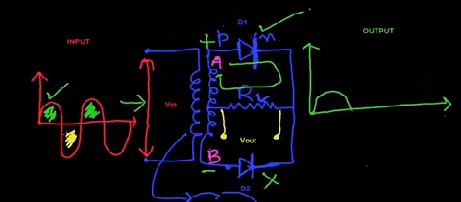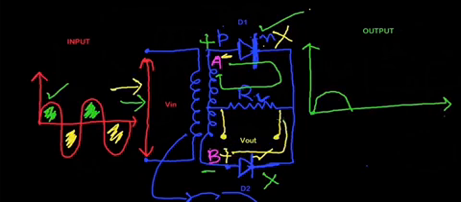This is your negative cycles, and when the negative cycle goes in, this will make your A terminal negative and your B terminal positive. In that case, this diode D1 will become reverse biased and your D2 will become forward biased, and the current will start to flow in this direction and you get an output.